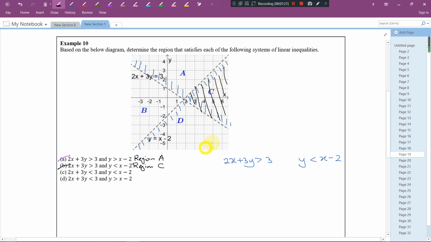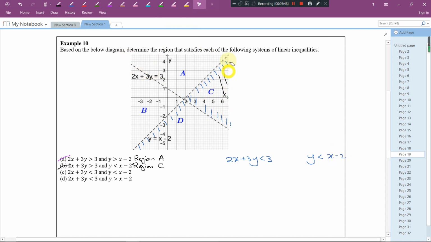Okay, let's go to part C. 2x plus 3y is less than 3, and then we have another inequality, y is less than x minus 2.